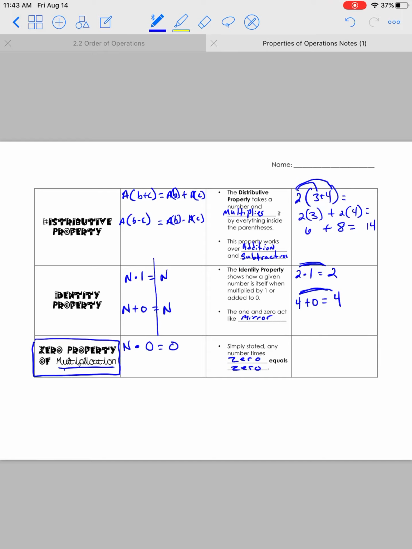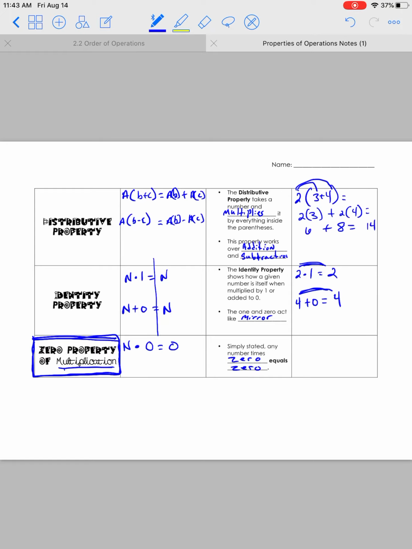They act like mirrors. But you have to pay attention, folks. You got to pay attention to that operation and what's going on. Okay? Now, and here's the reason why. Look down here in this blue square. I've got 0 property of multiplication. The 0 property of multiplication states that any number times 0 equals 0.